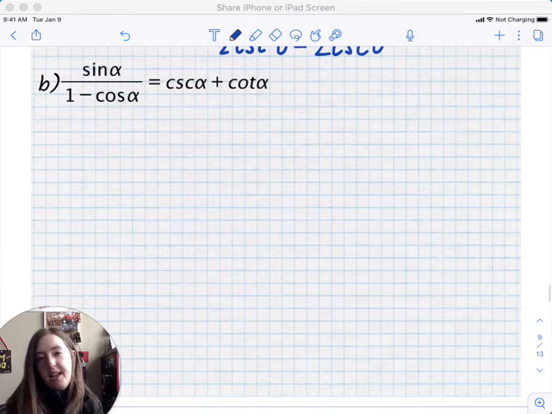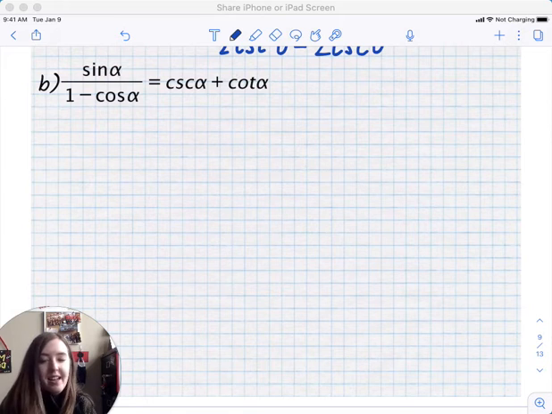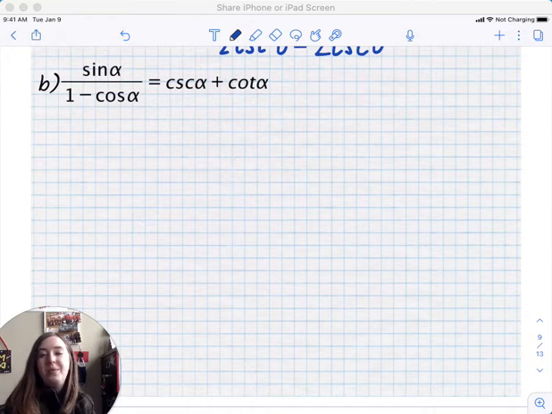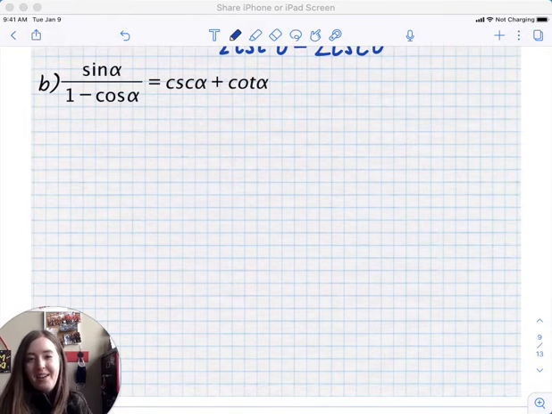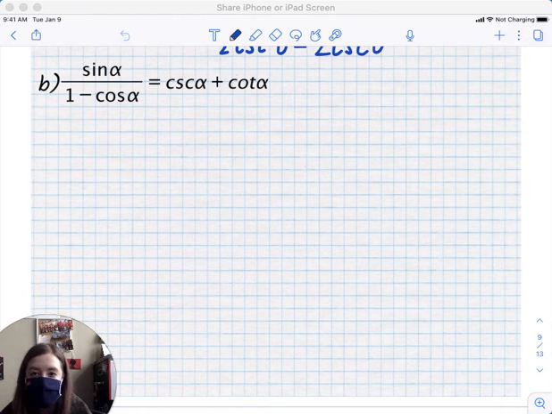Now, this time we have some alphas in there with our verification. Remember, that's just like a theta or like an x or anything else. They look a lot more like A's when they're typed out, but my alphas look like little fishies. So just be ready for that. Like I mentioned a while ago, there's a lot of power in conjugates.